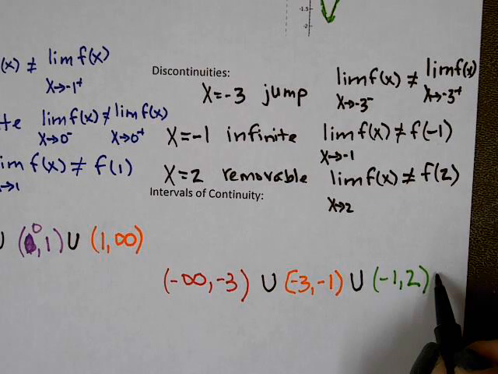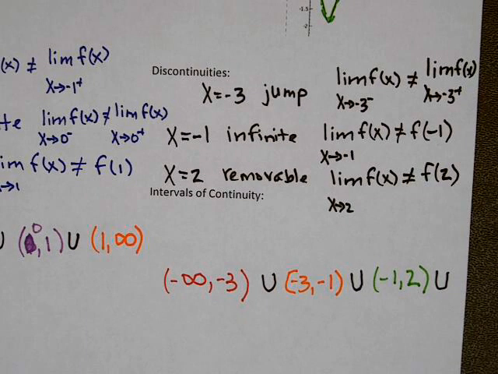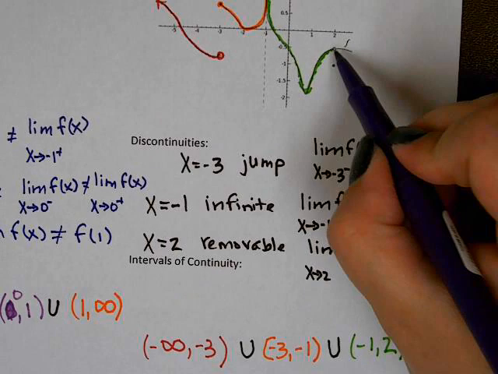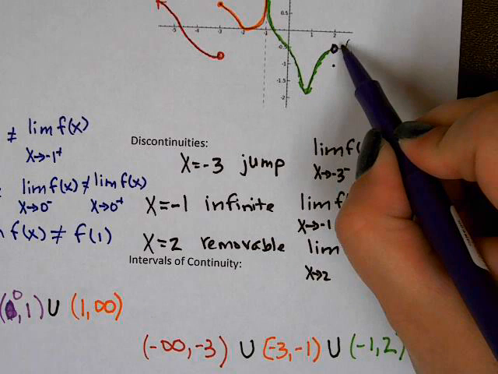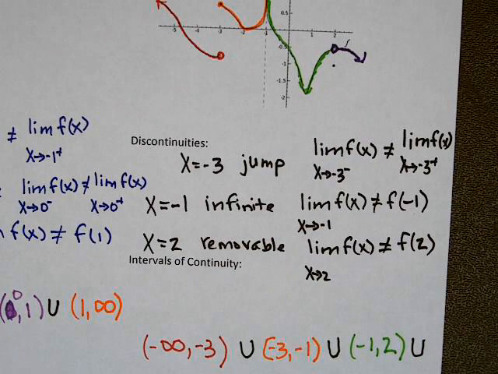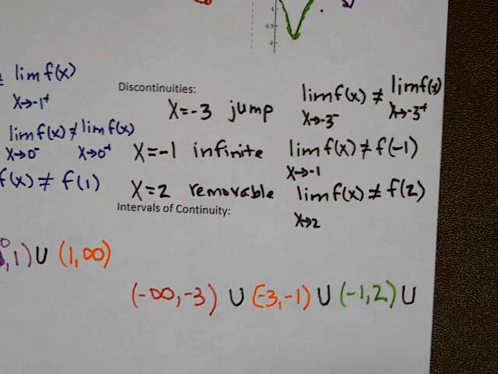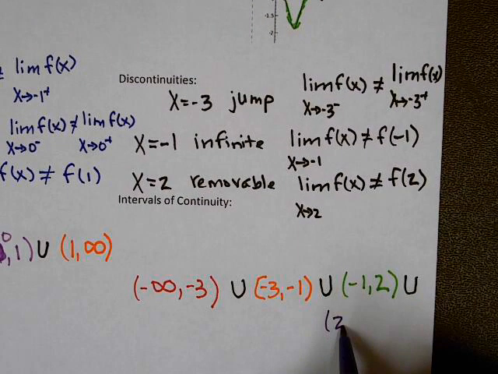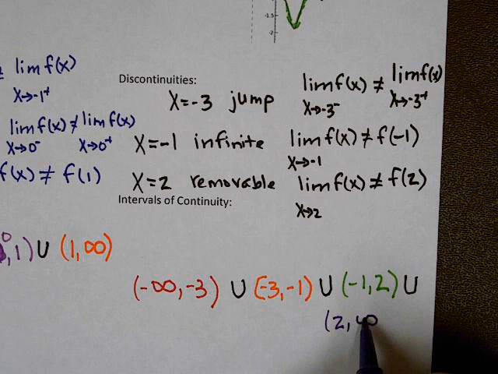And then we have one more. I'm going to put the U here, and I'll put the piece underneath it, sorry. So we start at this open circle of 2, and then we are going off for the rest of the time. So this last piece is going to then be 2 to infinity.